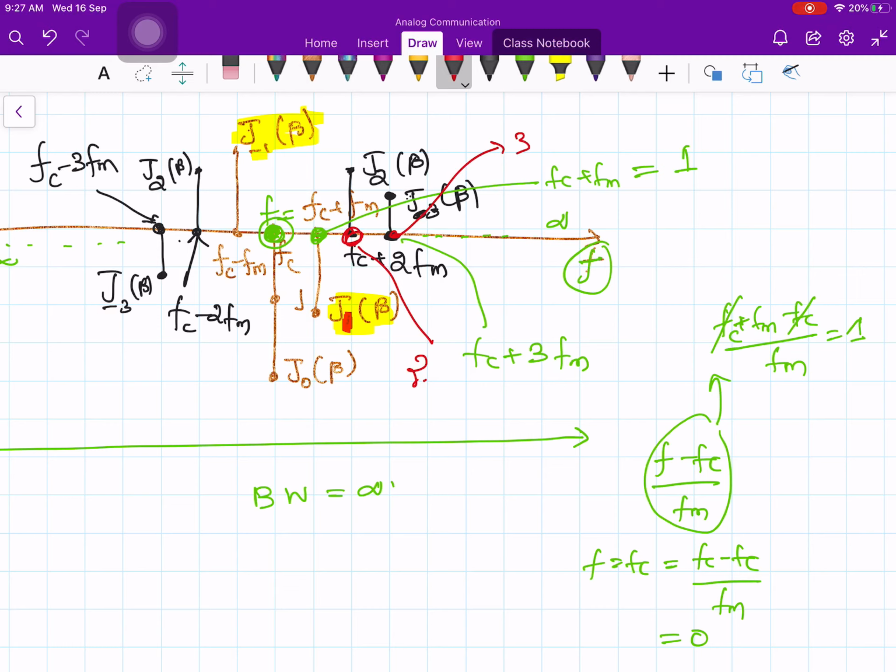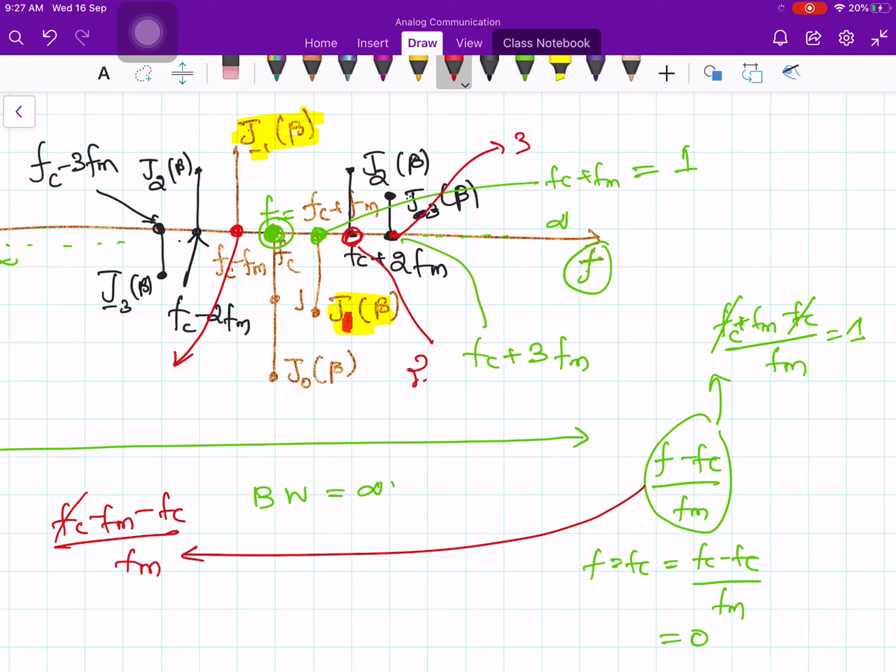What about this point? fc minus fm, substitute there in this formula. So fc minus fm minus fc divided by fm, fc gets cancelled, fm cancelled, so minus 1. So this point becomes minus 1. In this point, this is fc minus 2 fm, so this becomes minus 2, this becomes minus 3.